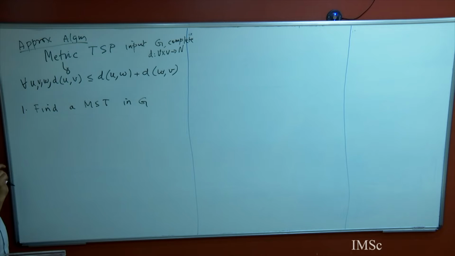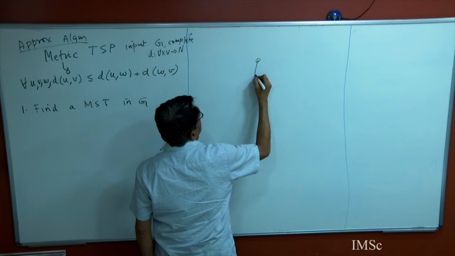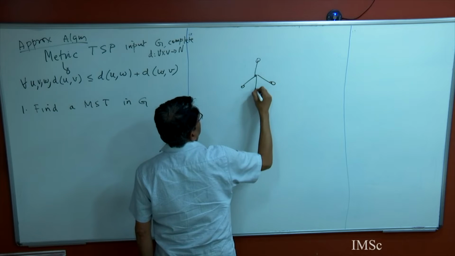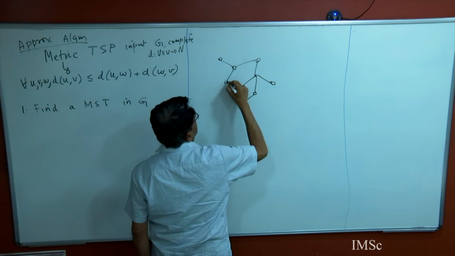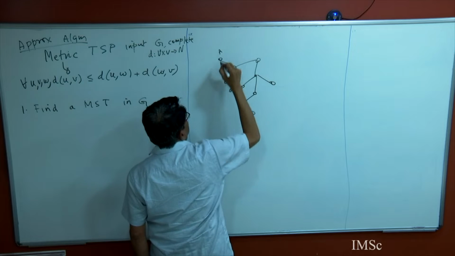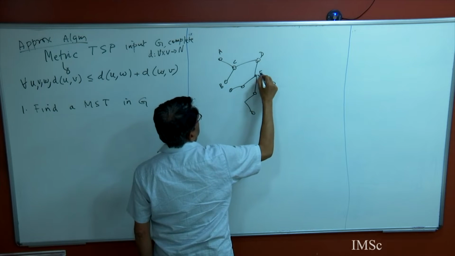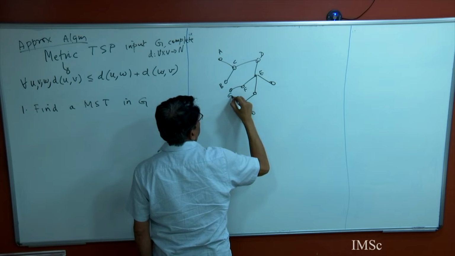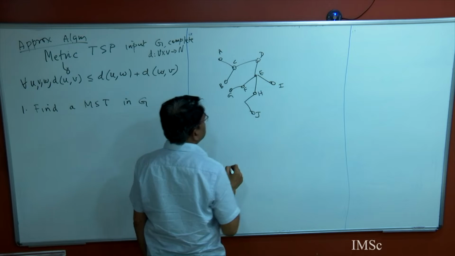So, in your complete graph, you have found a minimum spanning tree which looks like this. Let me say this is an example. These are the vertices.